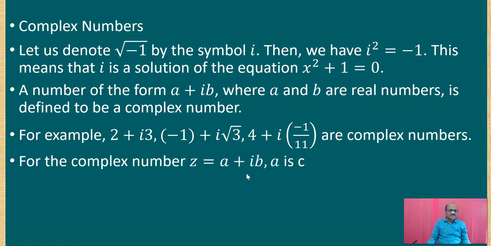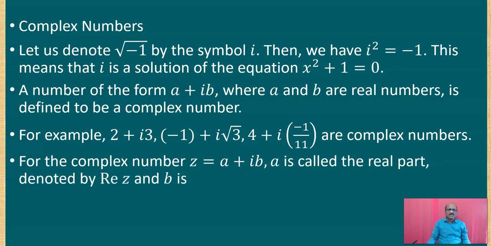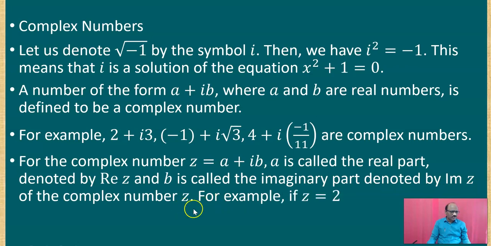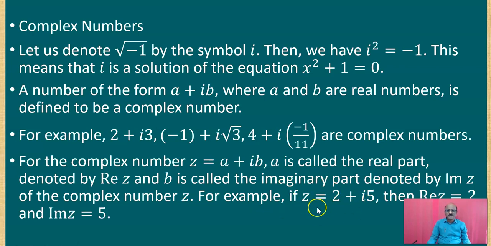For the complex number z is equal to a plus ib, a is called the real part, denoted by real part of z, and b is called the imaginary part, denoted by imaginary part of z. For example, if z is equal to 2 plus i5, then what is the real part? Here, 2 is the real part. And what is the imaginary part? The imaginary part is 5.